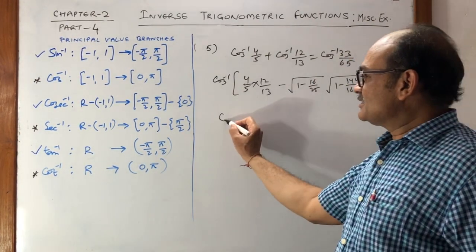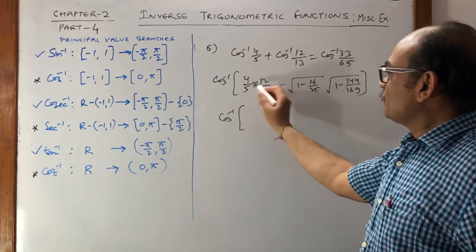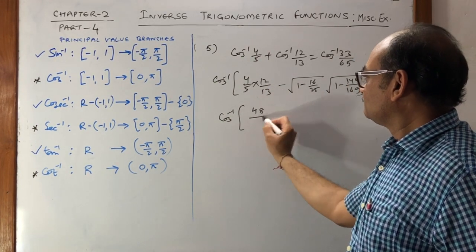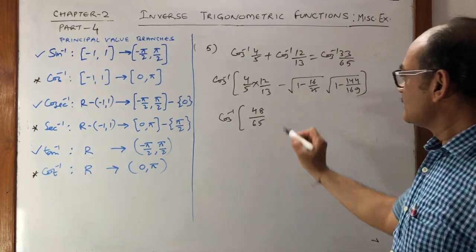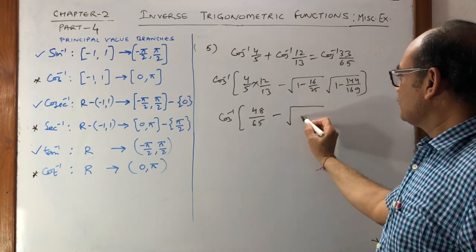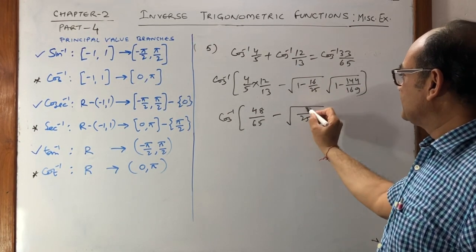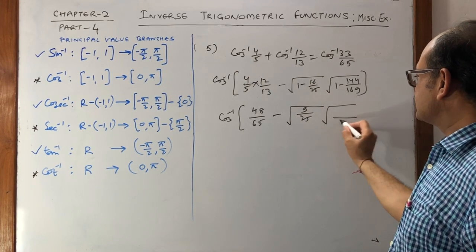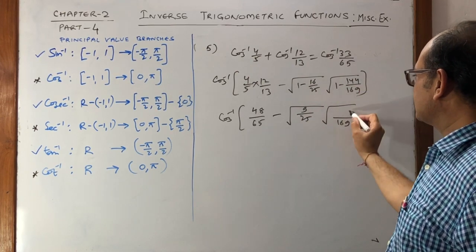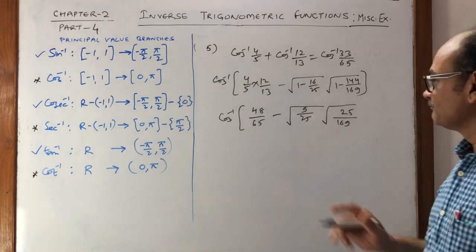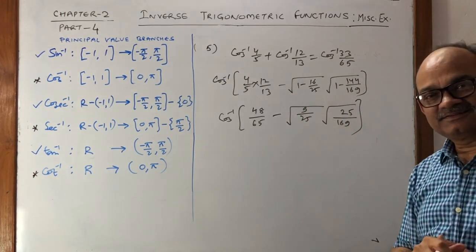Correct? So here, 1 minus 16 by 25 and 1 minus 144 by 169. So here cos inverse, x into y, 4 by 5 and 12 by 13, minus root of 25 minus 16, that is 9, over 25, and 169 minus 25 over 169. Correct?